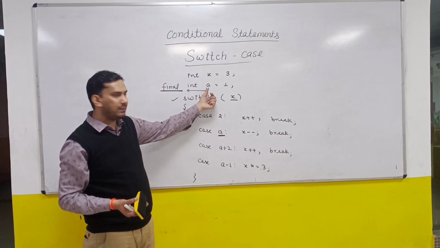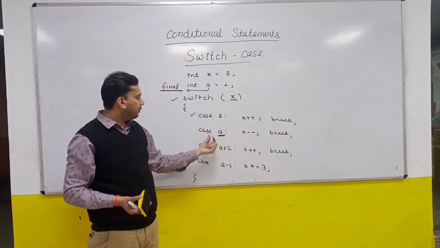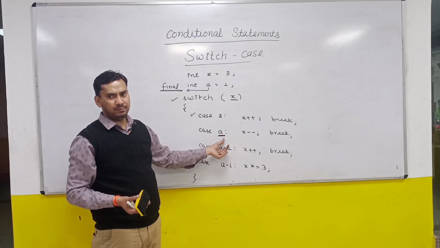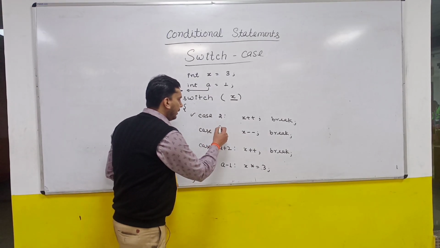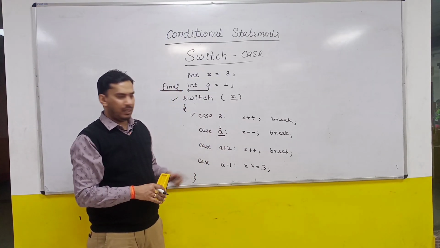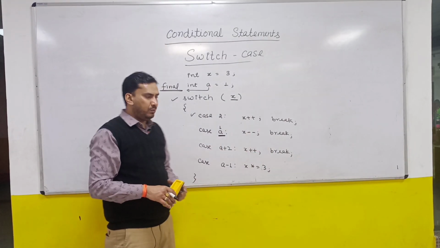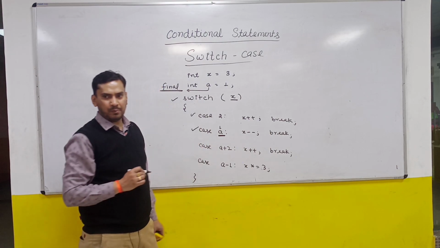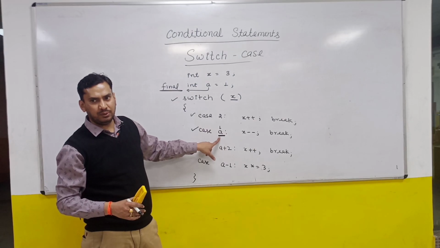Now I am using A here. Any problem? Case A, it is a constant now. Fine. And what is the value of A? 1. Means it is case 1. It means it is non-duplicate and it is having a proper case body. It's also okay. Earlier, if you are not putting final, then it is not allowed.